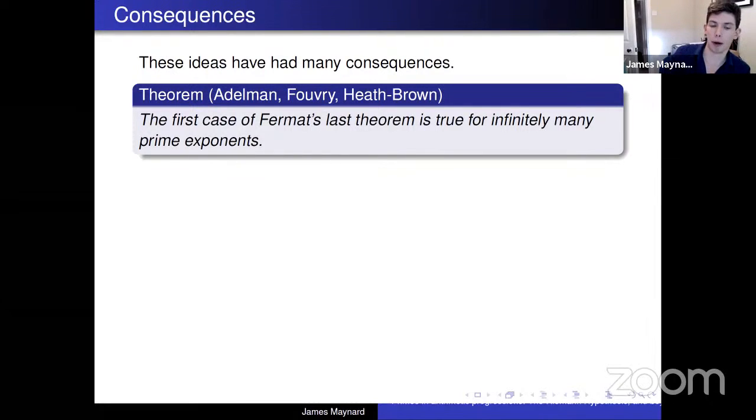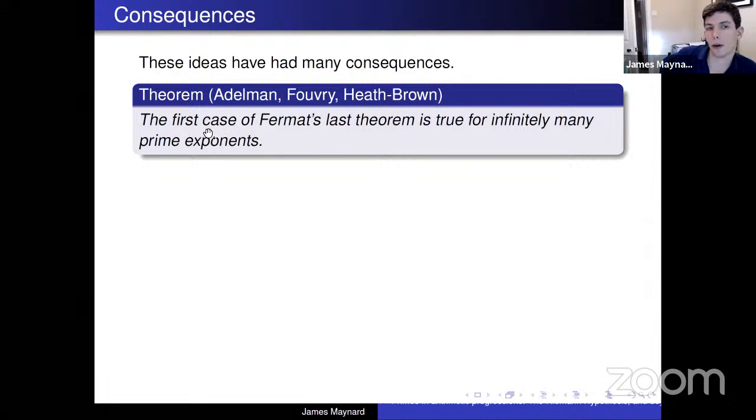various individual exponents had been verified, but it wasn't even known if for infinitely many different prime exponents Fermat's last theorem held, and they were essentially able to prove that Fermat's last theorem is true for infinitely many different prime exponents, and this was the first sort of general case of exponents for Fermat's last theorem.